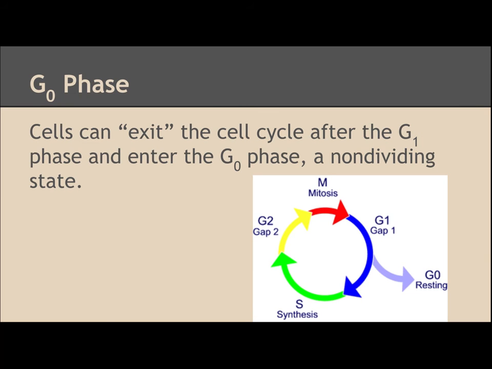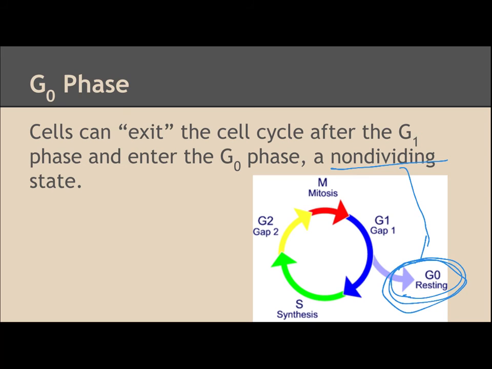Now, there's also this phase you might see here called the G0 phase. It says resting on this, but you should think of this more as non-dividing. So in G0 phase, the cell is not dormant. It's still doing all of its cell stuff, whatever its job as a cell is. It's just not actively dividing at that time.